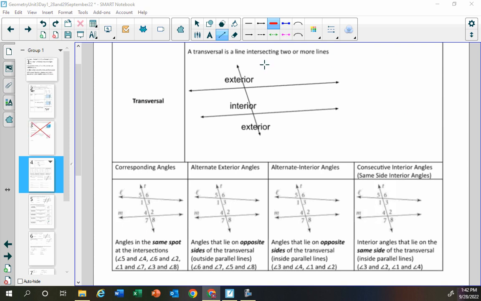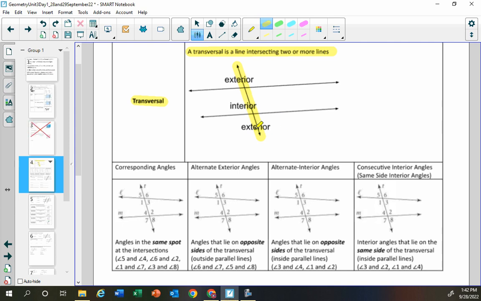All right. Transversal. I'm going to highlight what the transversal is. The transversal is that line that's going across. So it's this line right here. That's your transversal. It's intersecting two or more lines.